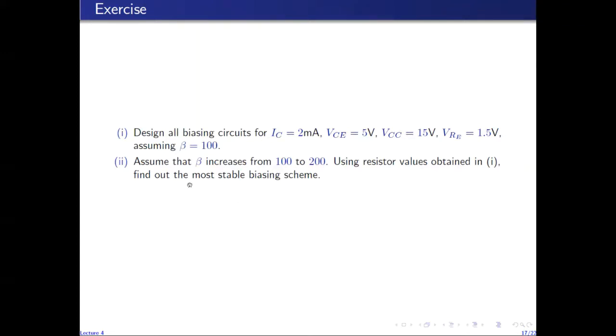And then I want you to identify which biasing scheme of the ones we have studied is the most stable biasing scheme. Obviously, the most stable biasing scheme will have the new bias point very close to the old bias point. And the least stable biasing scheme will be the one in which the new bias point is farther away from the old bias point.